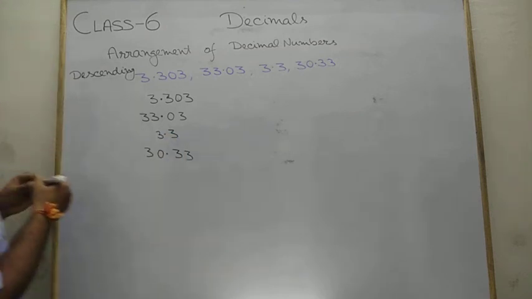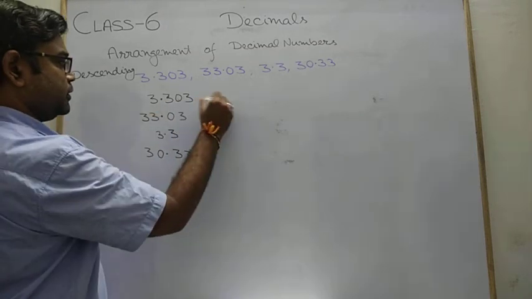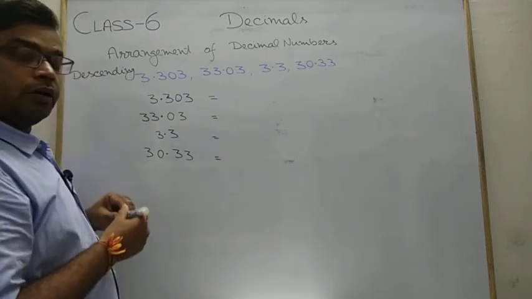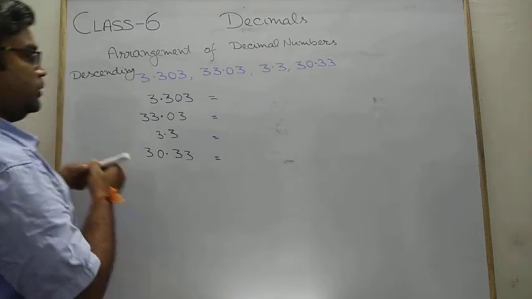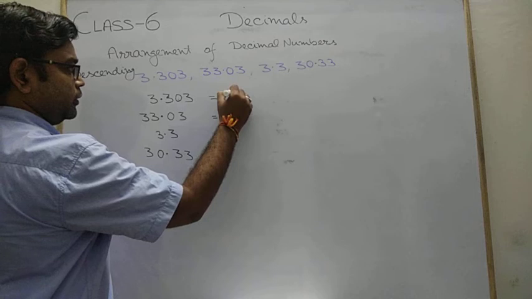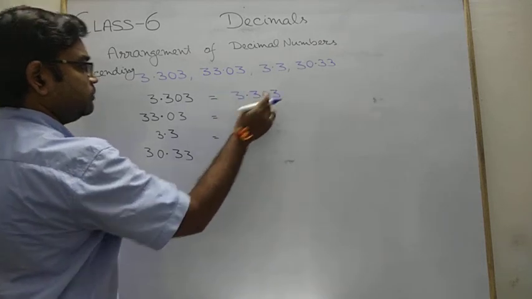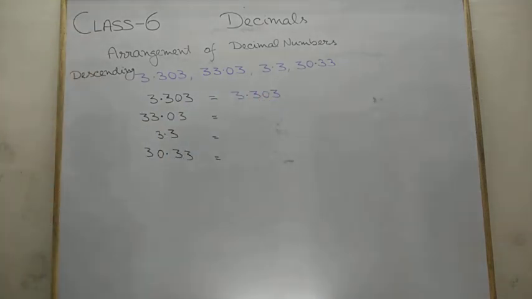Now we are going to convert them into like decimals. How do we convert them into like decimals? The maximum number of digits after the decimal is three, as in 3.303.